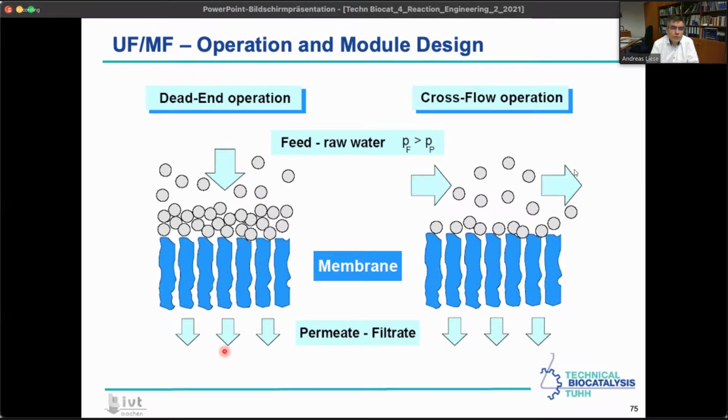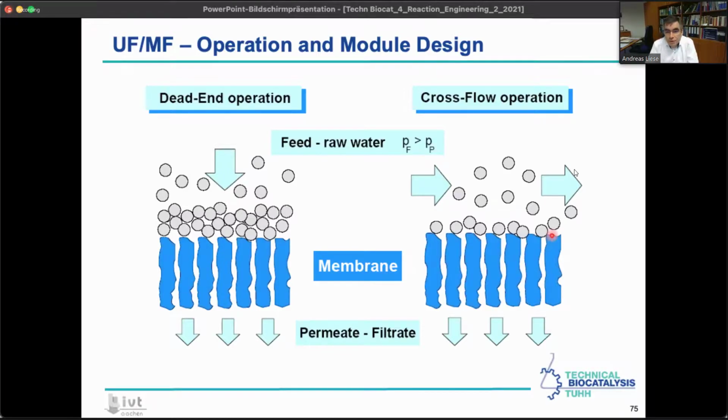However, that is not a good way to do so, because on large scale you will clog the membrane, you will observe strong biofouling, so formation of a film layer on top of the membrane, and therefore we are scaling up using a different way of operation. That is what you see on the right side, cross-flow operation. This means that the path of the liquid, the convection, is running parallel to the surface of the membrane.